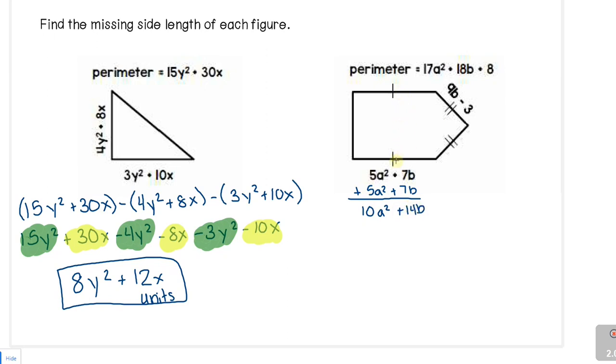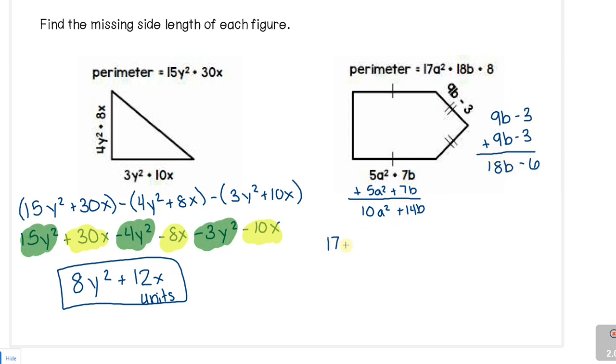That takes care of these two lengths. Now these two lengths are 9b minus 3. Now if we add these together, we get 18b minus 6. So we have our full perimeter and we need to subtract out these two lengths.